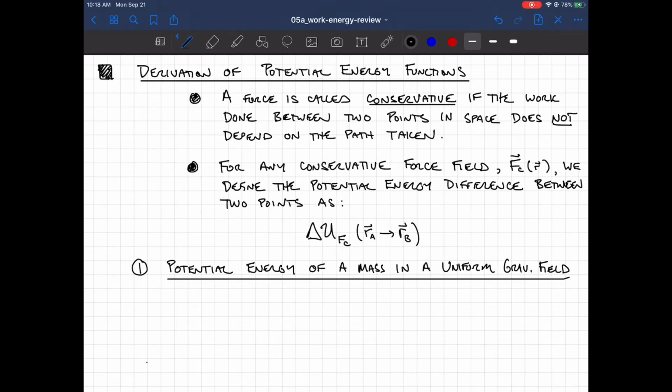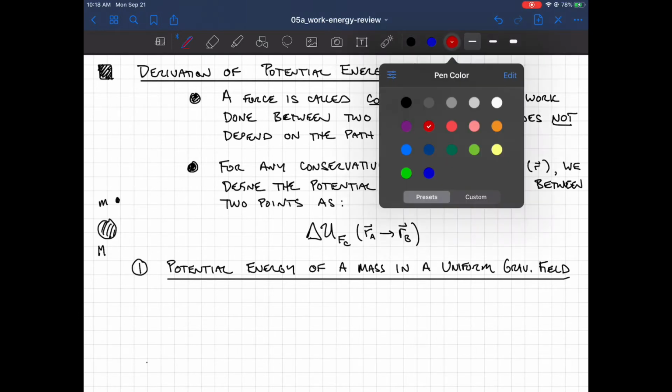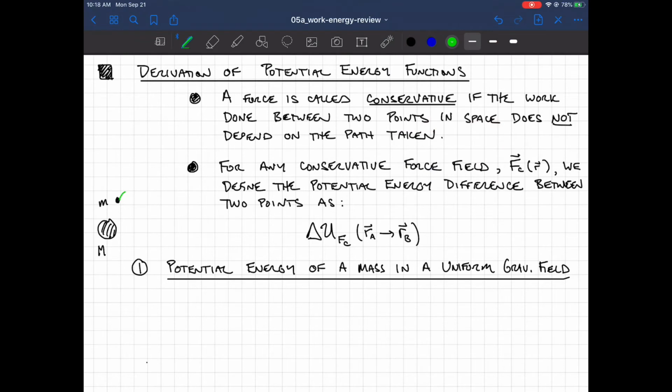And so let's just, we'll do this example a little bit later on the page. If we have like a big mass M and a little mass m, and we take some path from some point A to some point B, then you could represent those as positions relative to some origin.